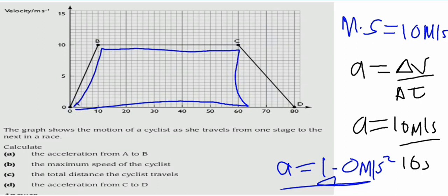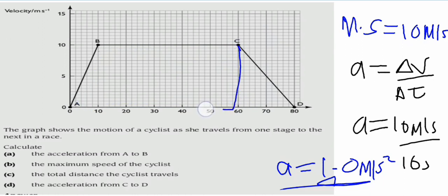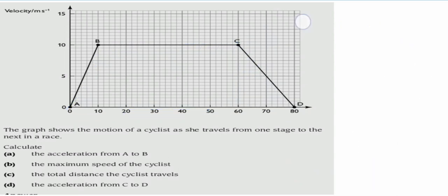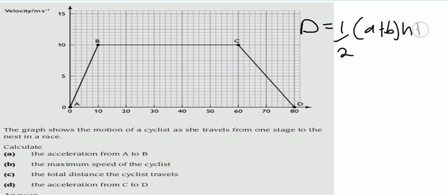Okay, so we need to calculate the distance traveled by the cyclist. I'm going to take the trapezium, the whole thing here, and add it to this triangle. So let's do that. Distance is given by half, open bracket, A plus B, close bracket, multiplied by the height, plus the area of the triangle, which is half multiplied by breadth multiplied by height.